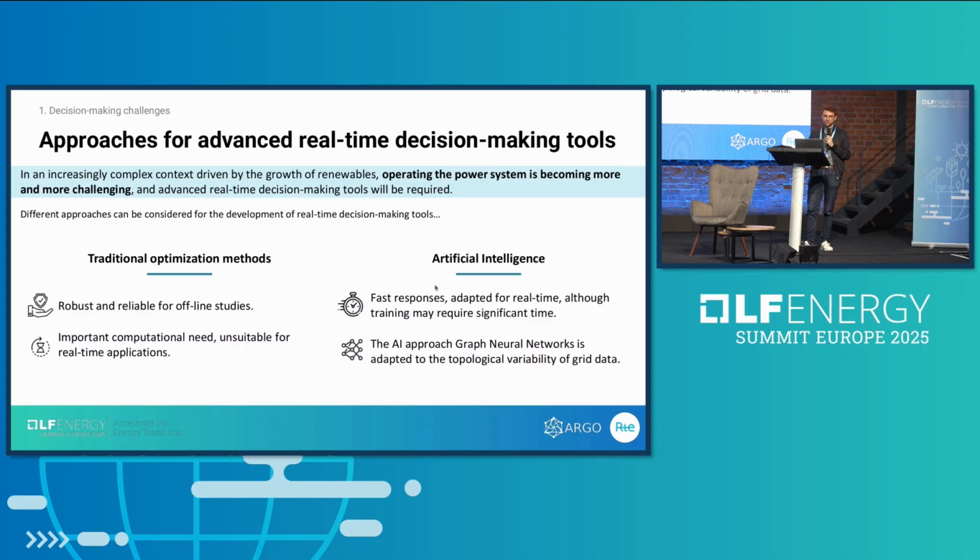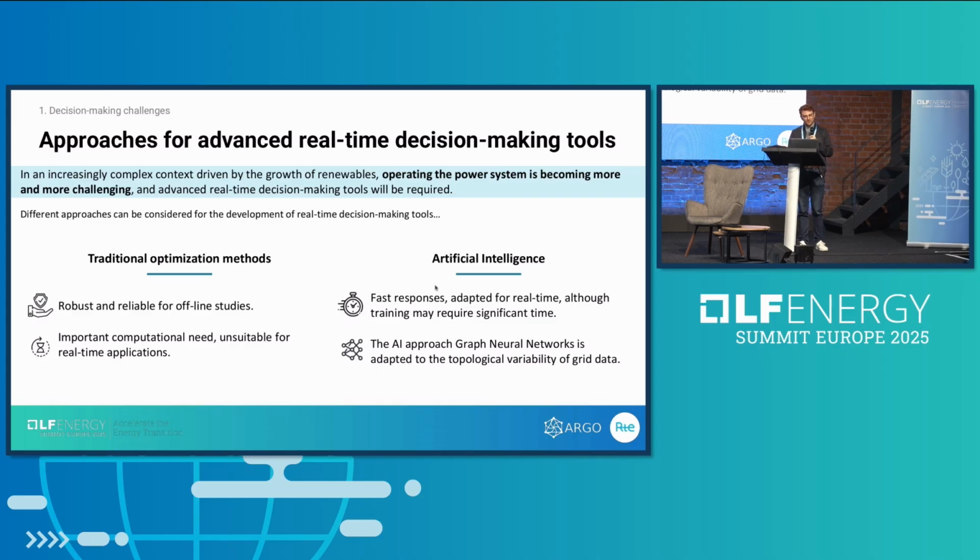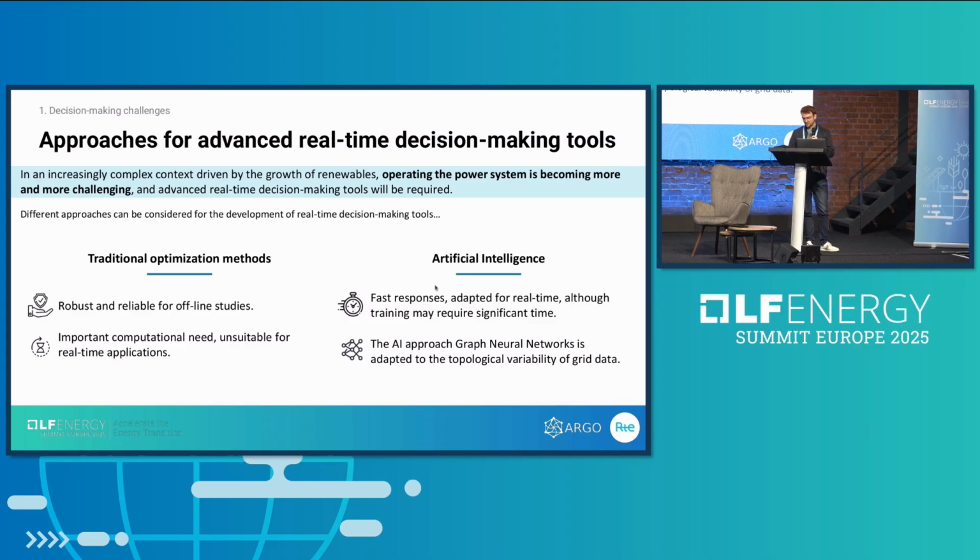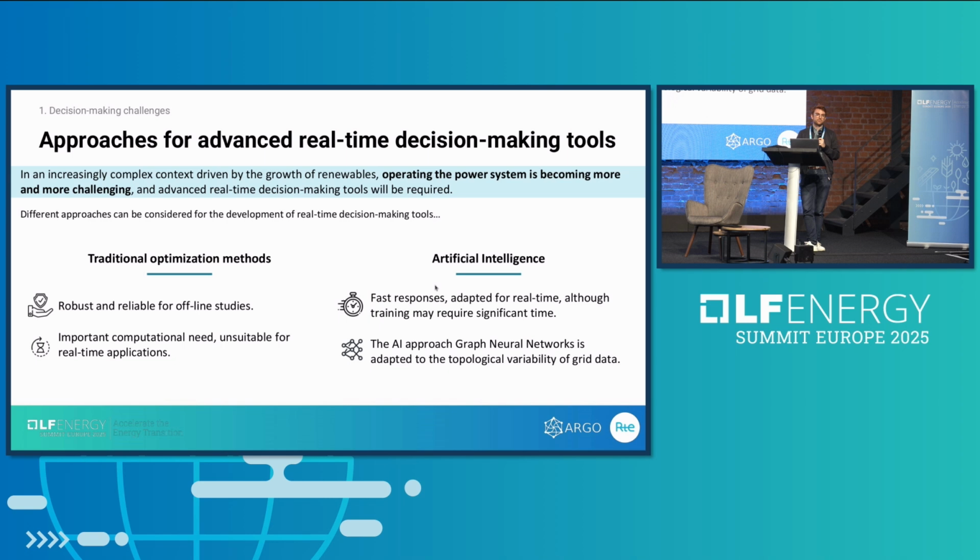We could resort to traditional optimization methods, which are robust and reliable. Also, they come with some theoretical guarantees, which is super valuable. But they also involve very large computational times, and they are really unsuitable for full-scale and real-time operations.